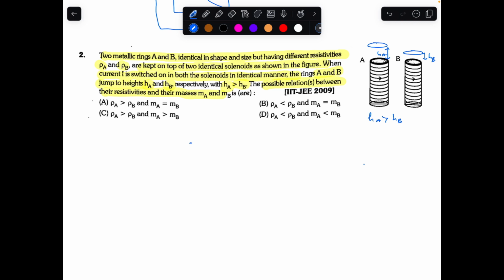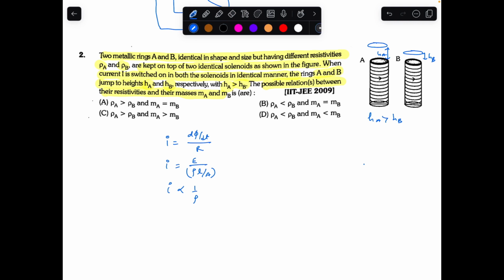Okay, now what will be the induced current? Induced current will be induced EMF, that is dφ/dt, divided by R. So I equals dφ/dt, the induced EMF due to change in flux of current passing through the solenoid, divided by R, which is ρL/A for the ring. So I is inversely proportional to ρ, correct?